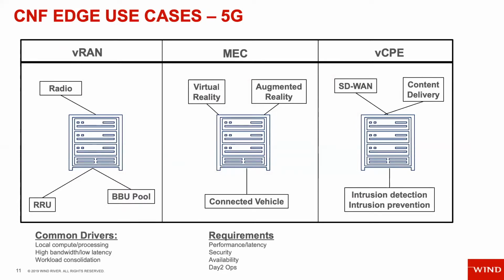And we have a number of customers today that are deploying cloud, and today mostly VM, but looking to migrate to containers, cloud vRAN solutions, as well as multi-access edge computing and virtual CPE. And really, all of these use cases have a fair amount in common, in that there has to be local compute, local processing at the edge, very high bandwidth and low latency.